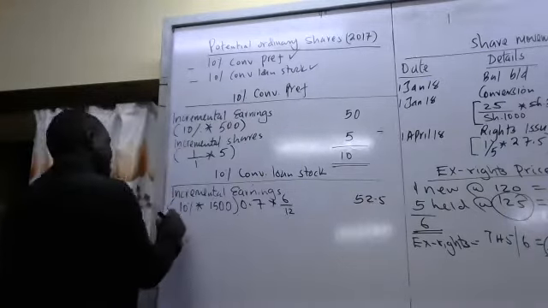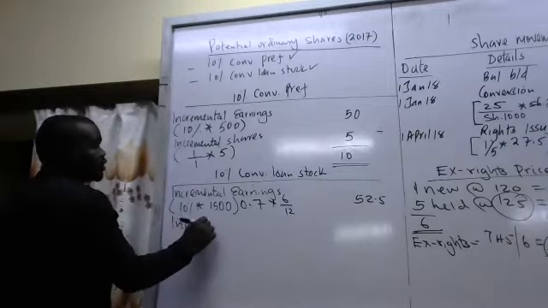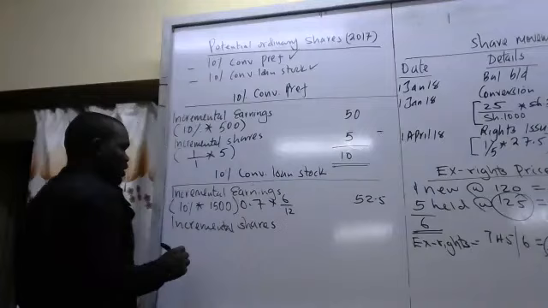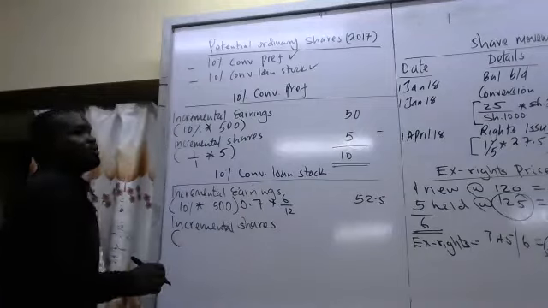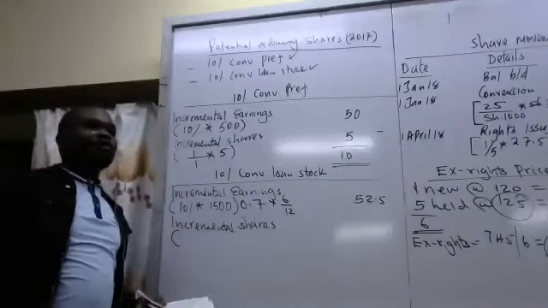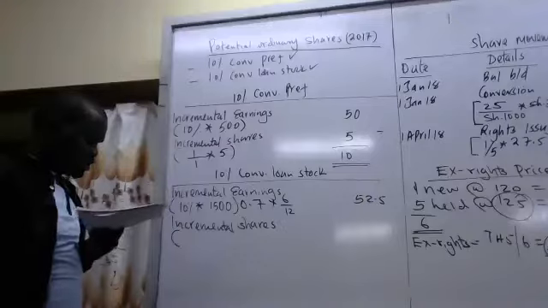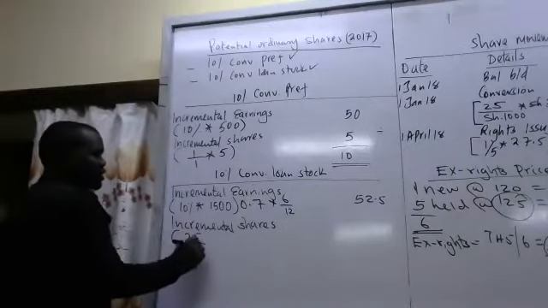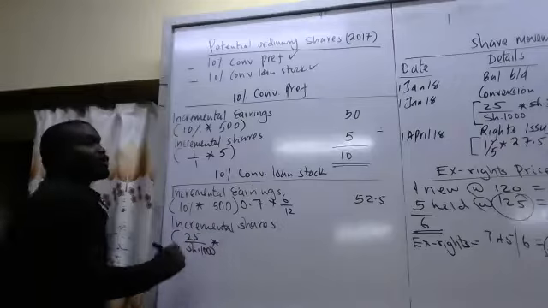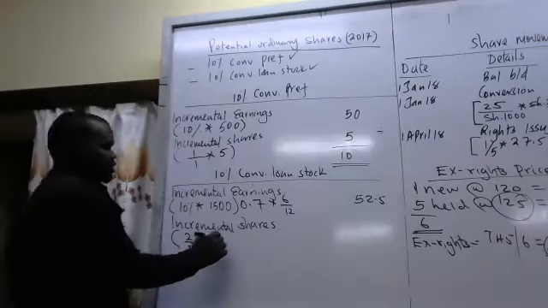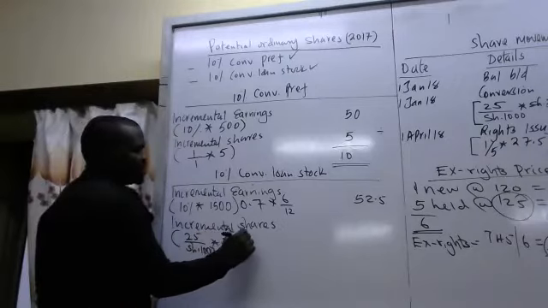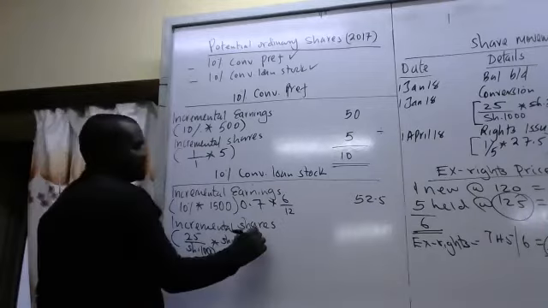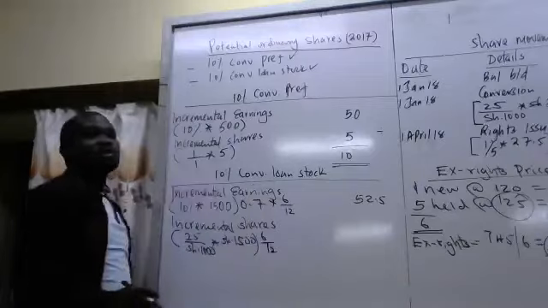Check incremental shares. What was the policy? You get how many for how many? You get 25 for every 1,000 shillings. What if they convert the entire 1,500? Then you take 1,500 over 1,000 and multiply by 25, but weighted for 6 months.